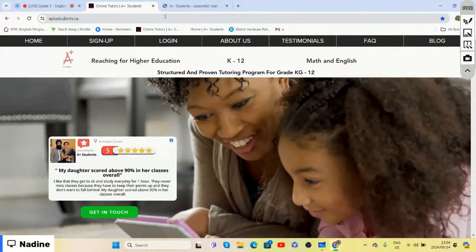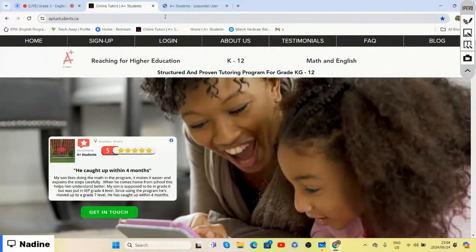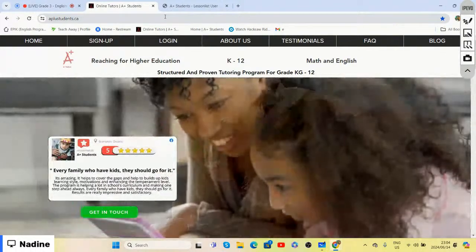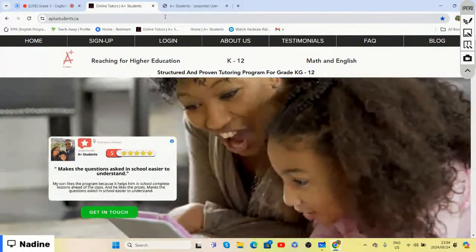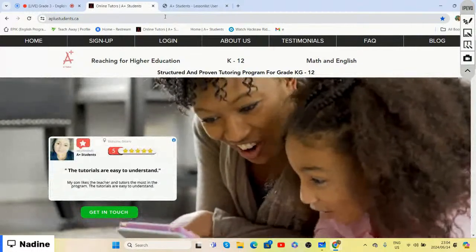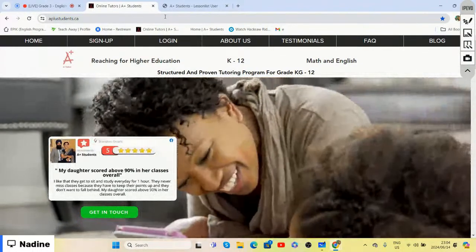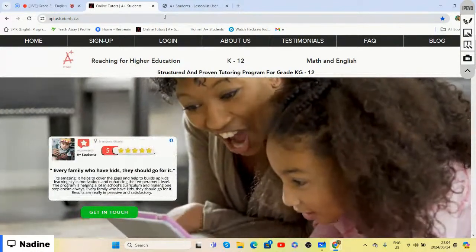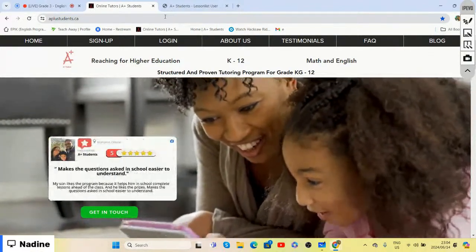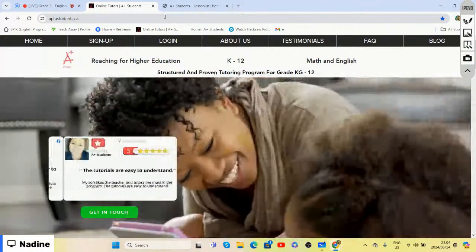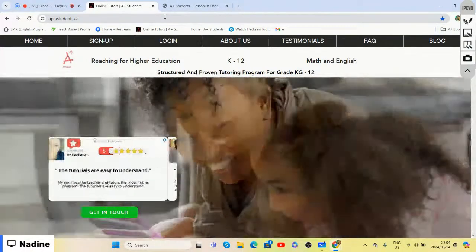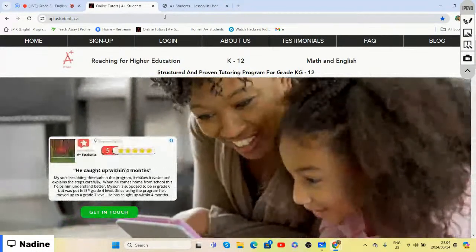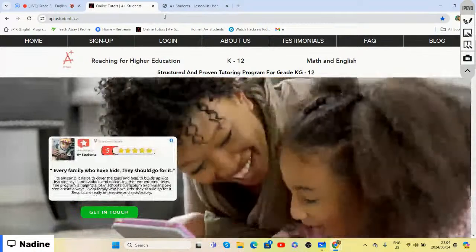Once you've logged on to aplusstudents.ca with our username as well as our password, then we're going to select the subject of English Language Arts, grade 3. And then we're going to scroll down until we get to the chapter of adjectives and adverbs.